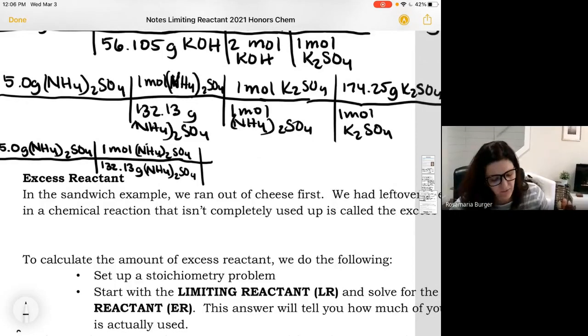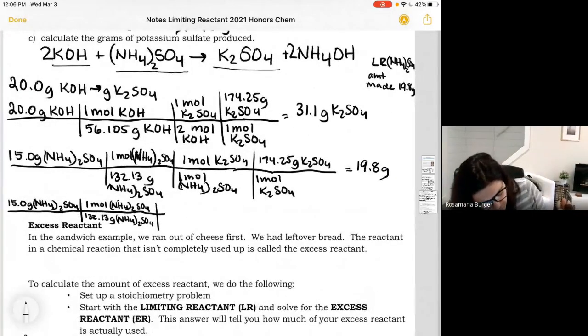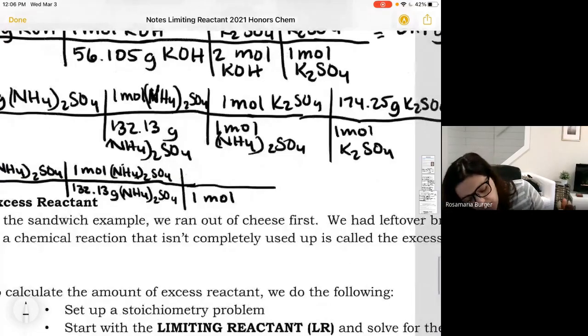Okay, now we're going to go for our mole ratio. Okay, so for every 1 mole of NH4 to SO4, we used 2 moles of KOH.